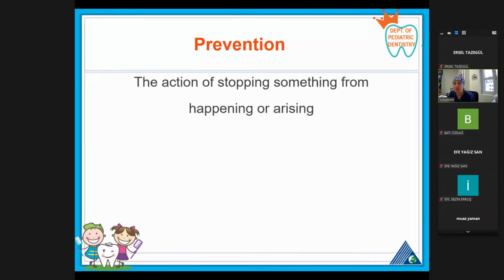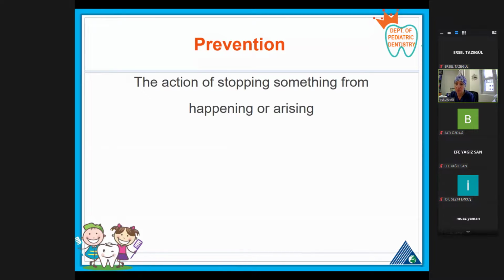So what is prevention? Prevention is defined as the action of stopping something from happening or arising. Prevention can be related to other subjects in the world, not only in dentistry.